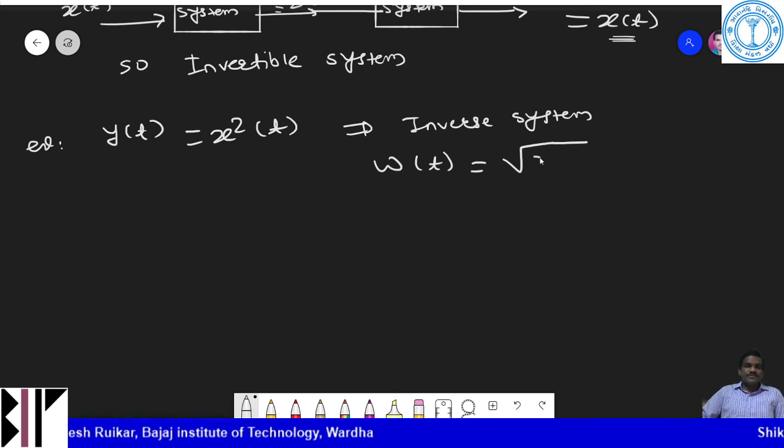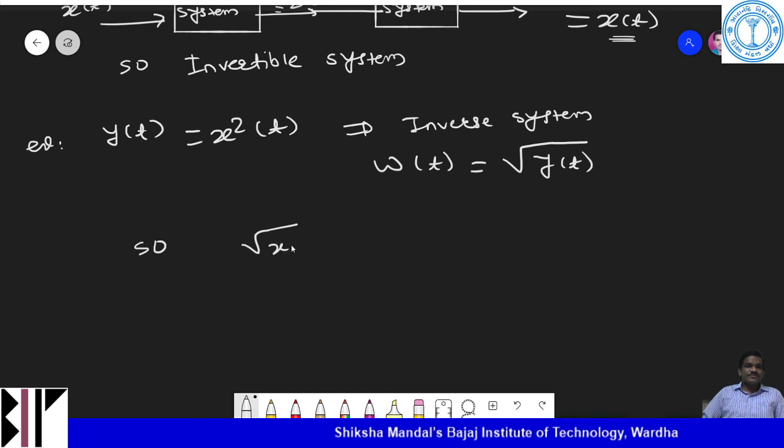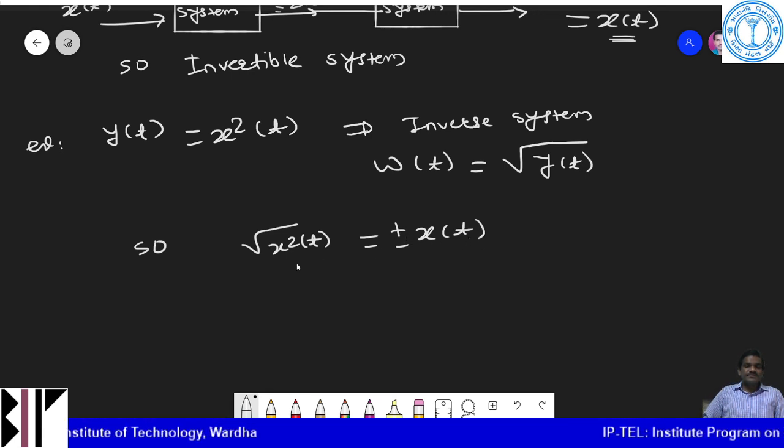We have to take the square root of y of t. This is what your system does. Now the square root of x square of t, what is that? That is nothing but plus or minus x of t.